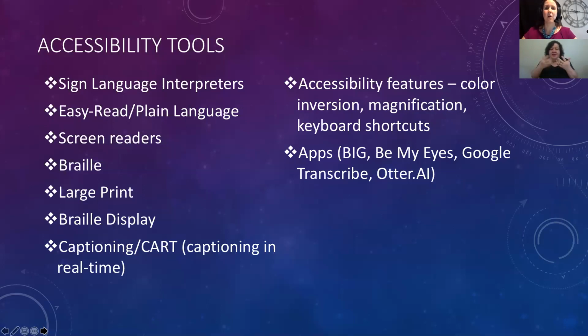And then we also have a number of accessibility features that are built into smartphones. So I highly recommend looking at some of those accessibility features that are in your smartphone. There are a number of apps that are very helpful for people with visual impairments and those who are deaf. Next slide, please.